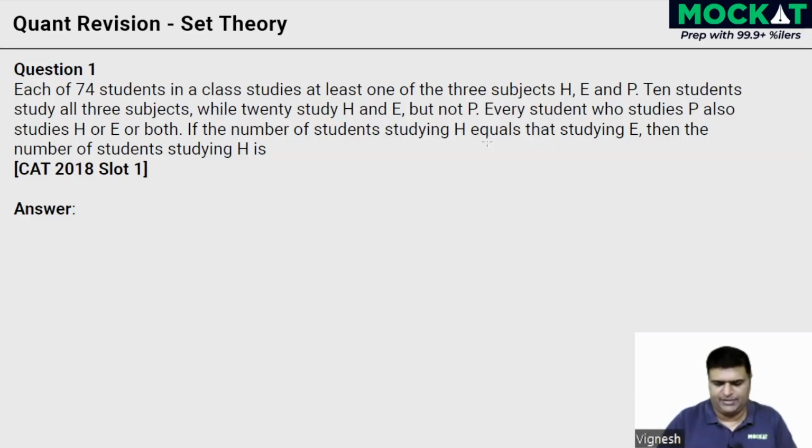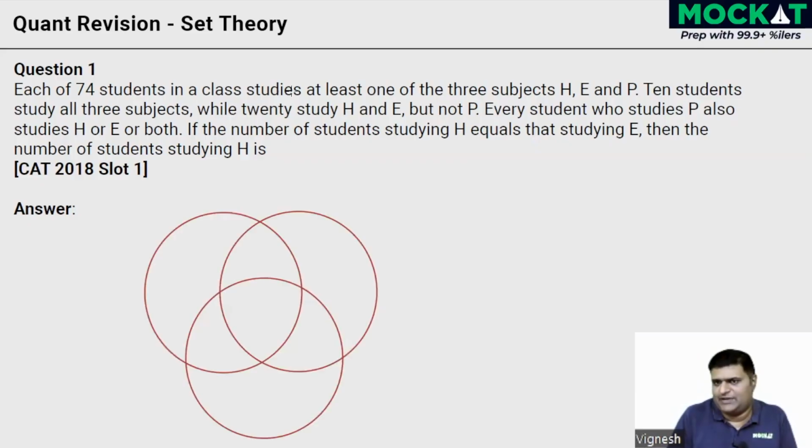Now, this is a good question. Again, from one of the tough years, but if you just make the Venn diagram, it's going to be quite easy. Each of 74 students in a class studies at least one of three subjects, H, E, and P. So each of these students falls under one of these. Nobody is outside.